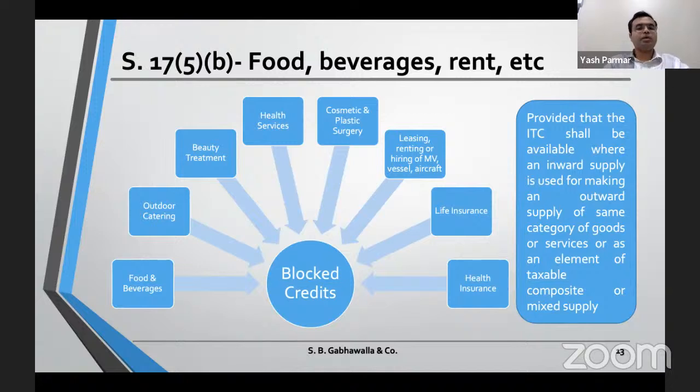The next one being cosmetic and plastic surgery, again not in the course or furtherance of business, and therefore block credit. Leasing, renting, or hiring of motor vehicles, vessels, and aircraft.